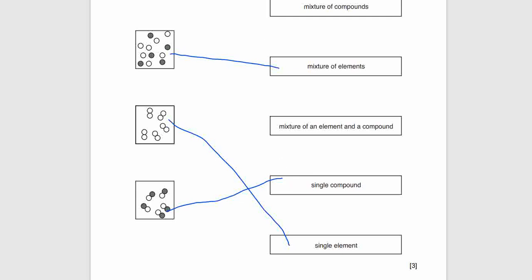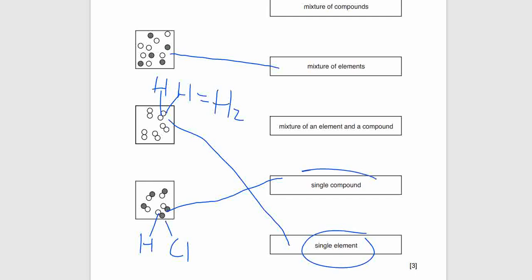So the example for this will be, this is two different colors and it represents two different atoms, so you can write this is H, this is Cl. Now this is the same type of atom, but in twos it can be hydrogen gas. H and H will make hydrogen gas. So hydrogen gas is an element. This one is a compound.